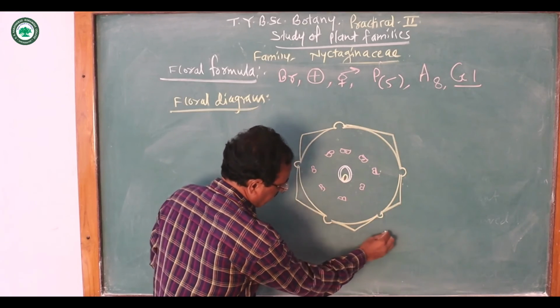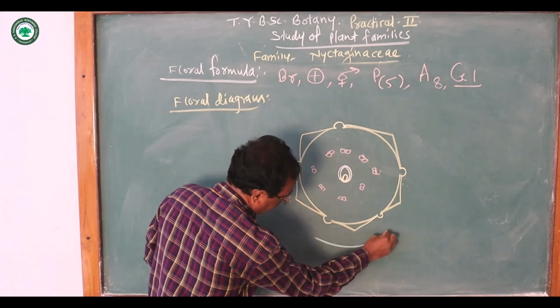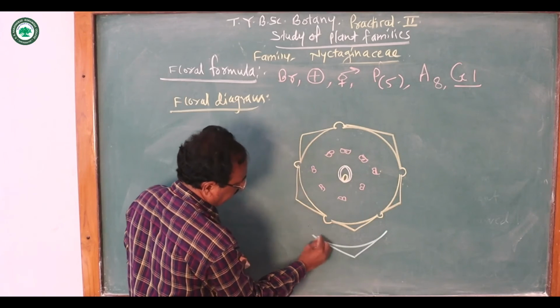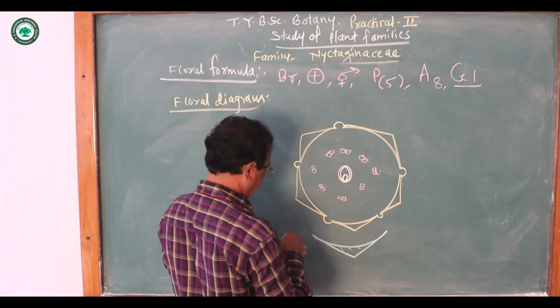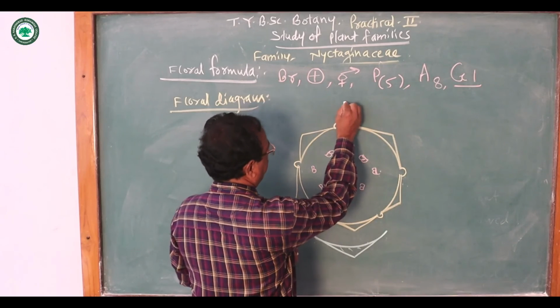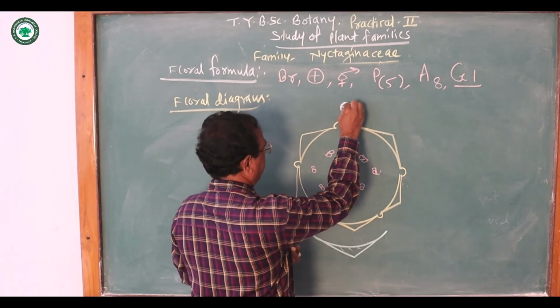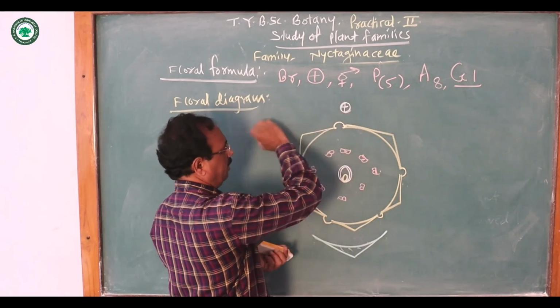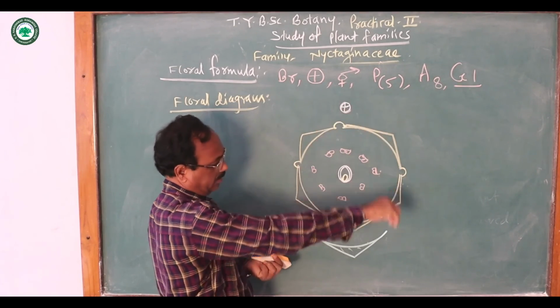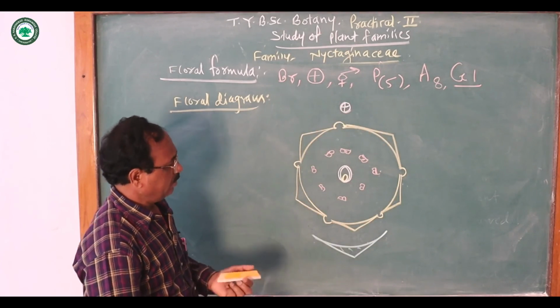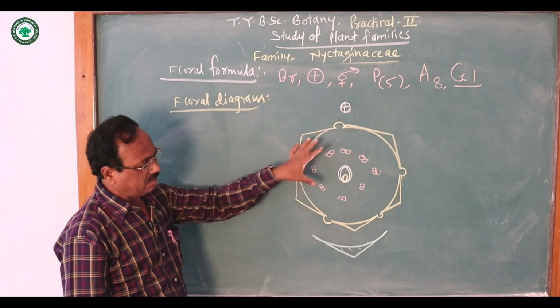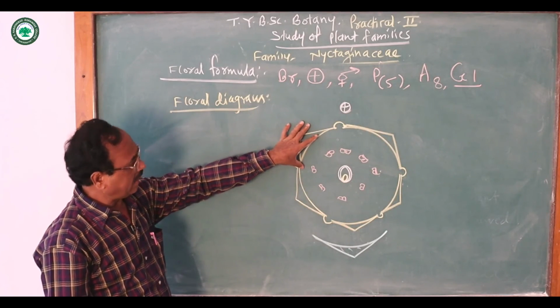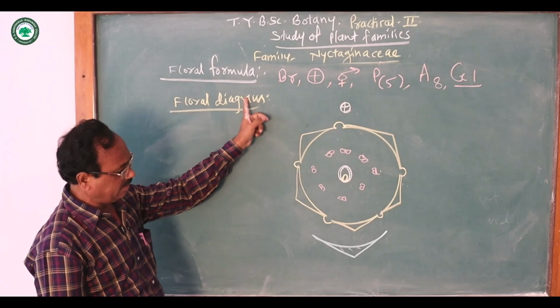The flower is bracteate, so this is the bract, and it is actinomorphic. Here at the apex is the mother axis. So thus, this is the simple floral diagram of the family Nyctaginaceae.